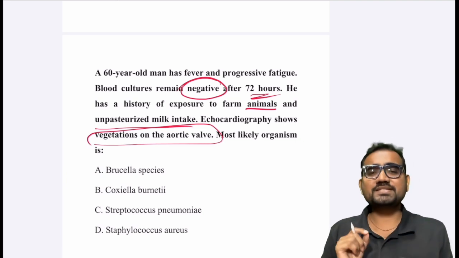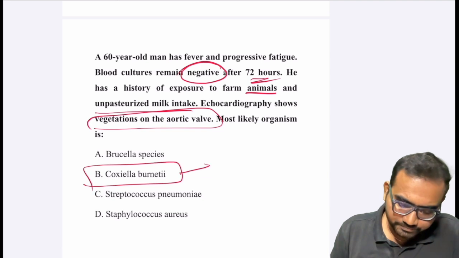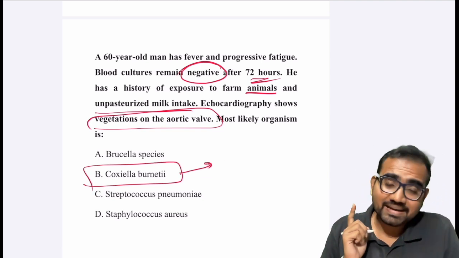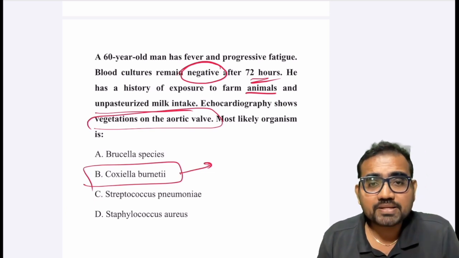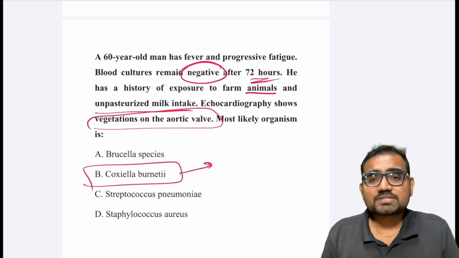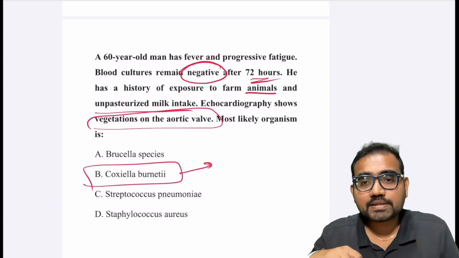This is classic for Coxiella burnetii. These patients will have endocarditis but the blood culture remains negative, because these organisms are less susceptible or not seen in the blood culture.